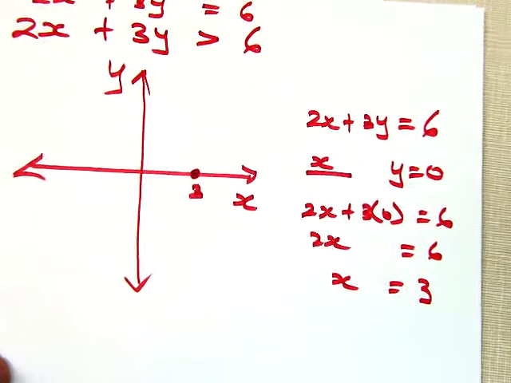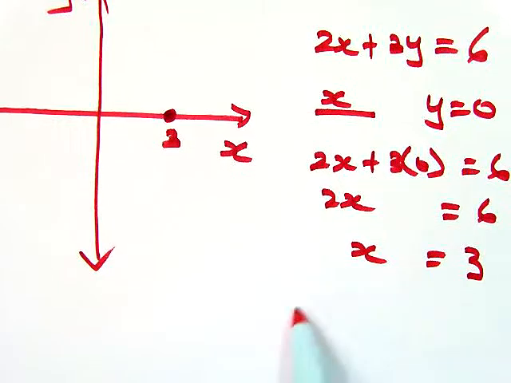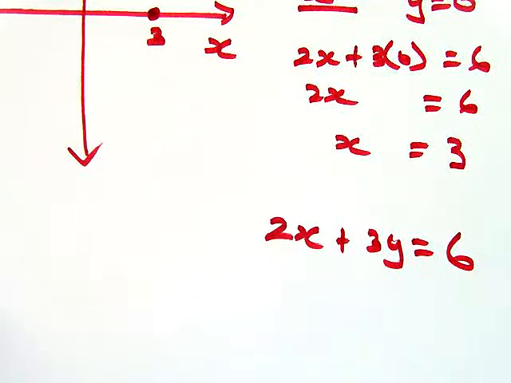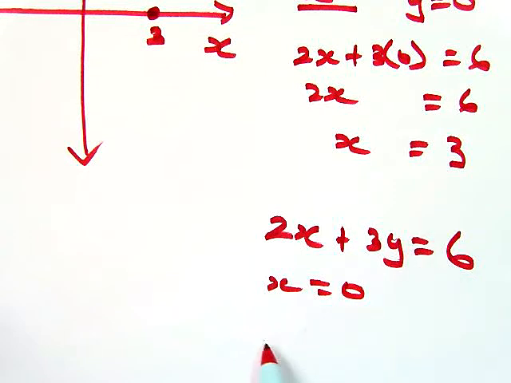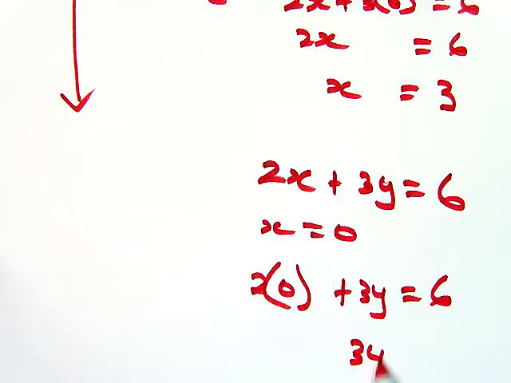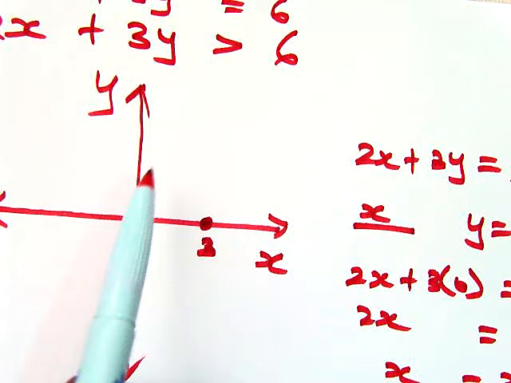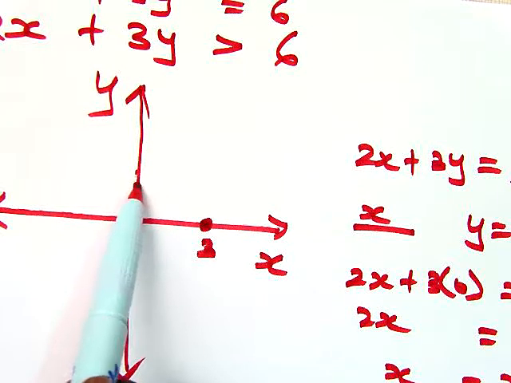We do the same thing for the y. The equation is 2x plus 3y equals 6. This time we're going to make x equals 0, and solve to find y. So we get 2 times 0 plus 3y equals 6. 3y is equal to 6, so we know y is equal to 2. So on my y-axis, I find 2 right there.